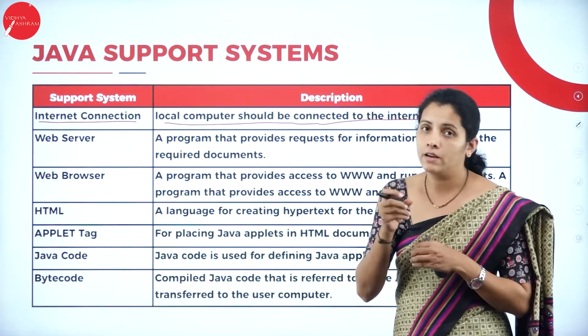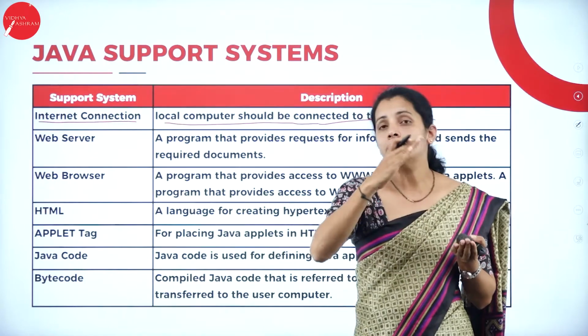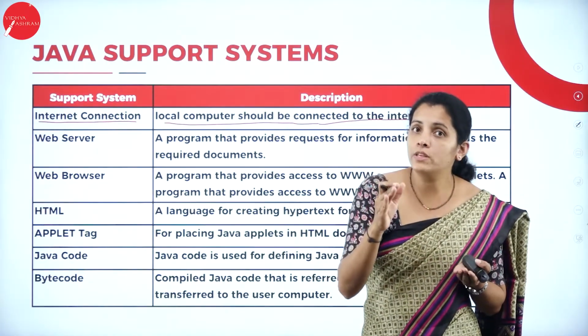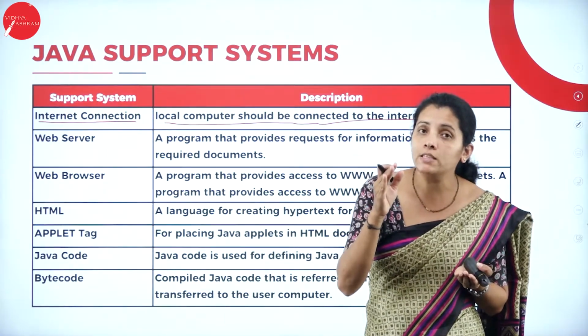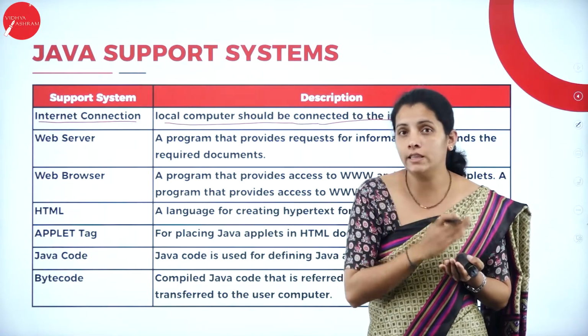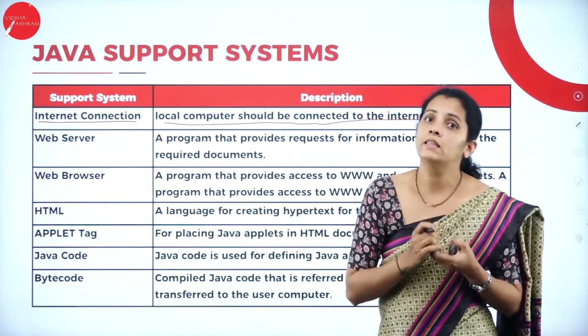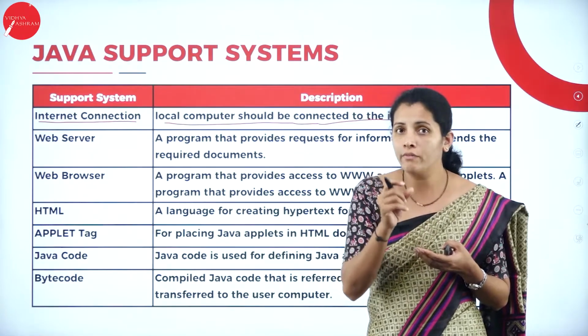And here the client is going to send the request to the server. What's the job of the server? The server is going to process all the requests which came from the client and it is going to send the response back to the client. So this is the way the client server architecture is going to work.